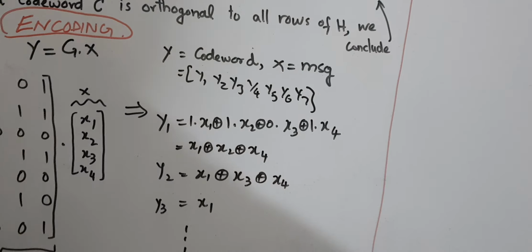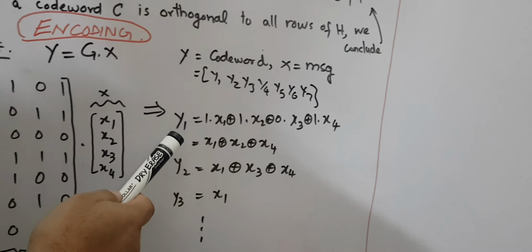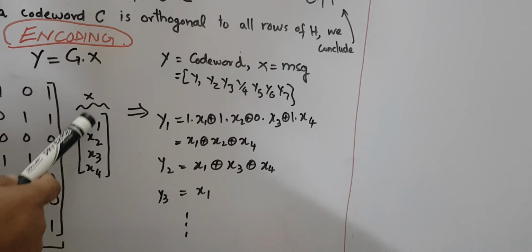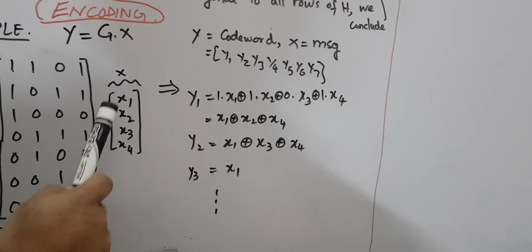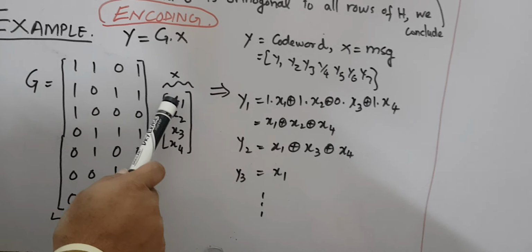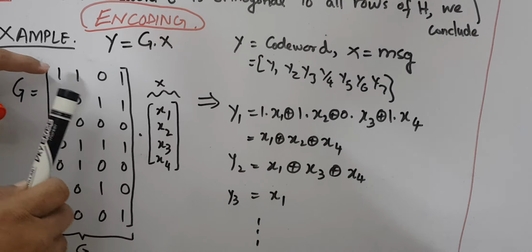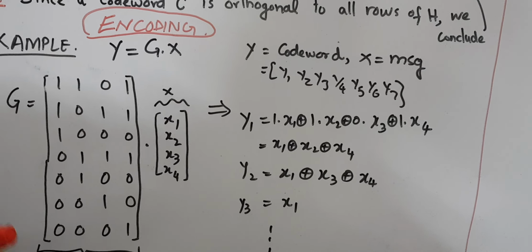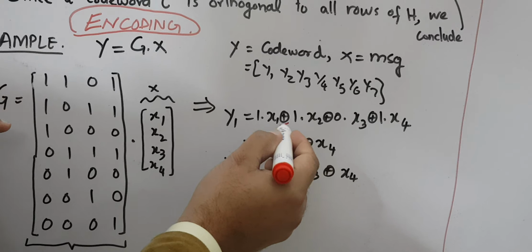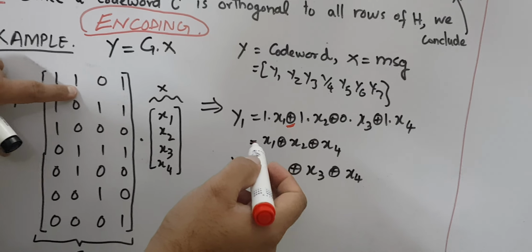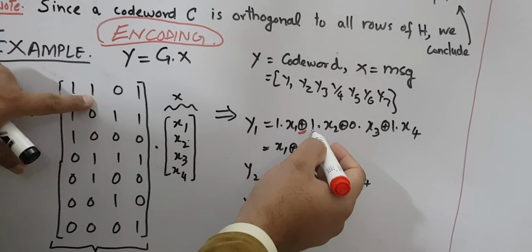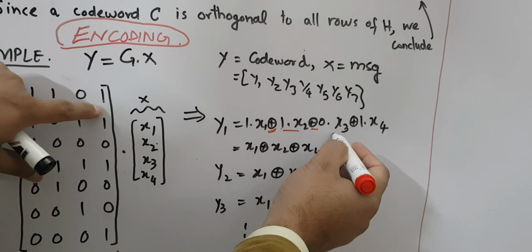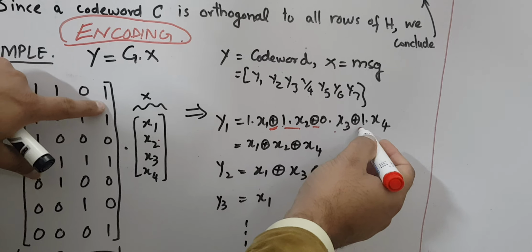You can calculate each bit by using the multiplication procedure, like row column multiplication. So x1 multiplied by 1, or you can say 1 multiplied by x1, and then XOR 1 multiplied by x2, and then again XOR 0 multiplied by x3, and then plus 1 multiplied by x4.